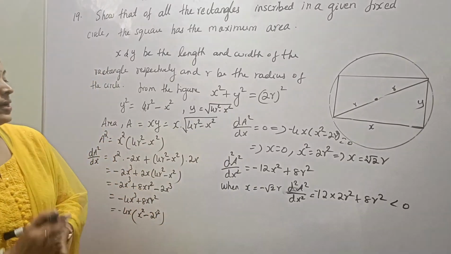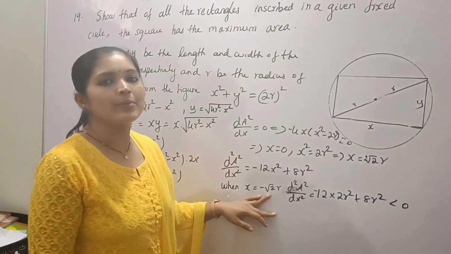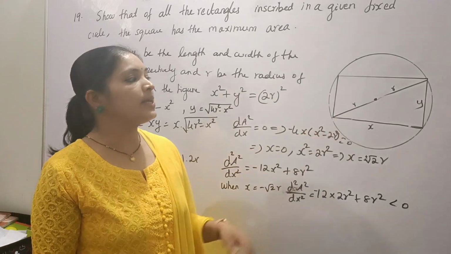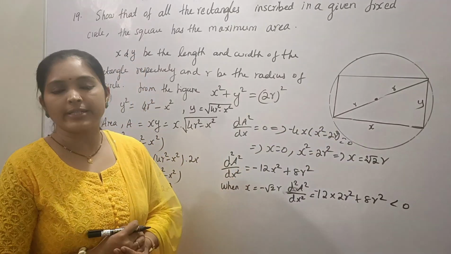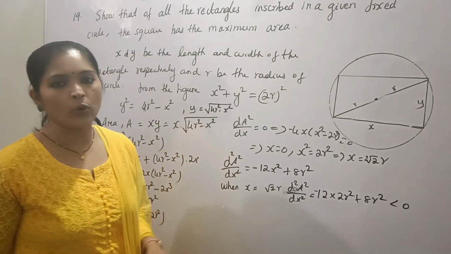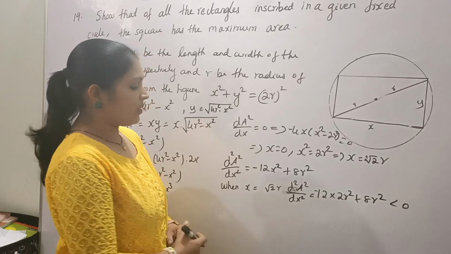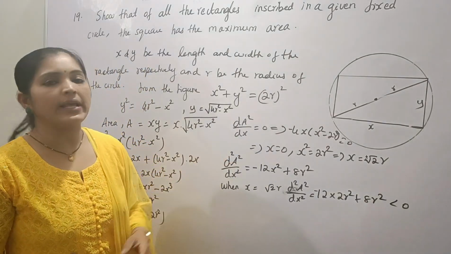Okay, so x is equal to minus root 2r is impossible, right? Because x is the length of the rectangle. So here only x is equal to plus root 2r. In this case we have got the second derivative less than 0.